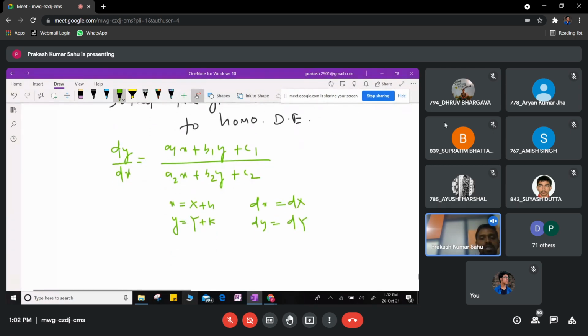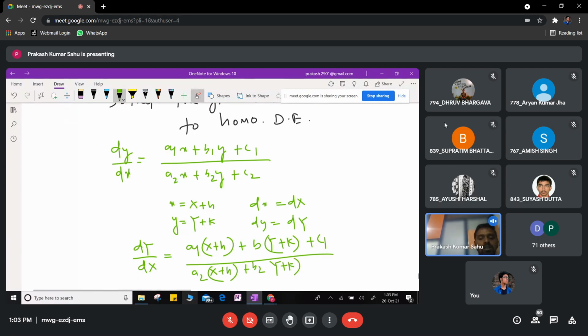So now you can see dY by dX is equal to a1 times (X plus h) plus b1 times (Y plus k) plus c1 divided by a2 times (X plus h) plus b2 times (Y plus k) plus c2.